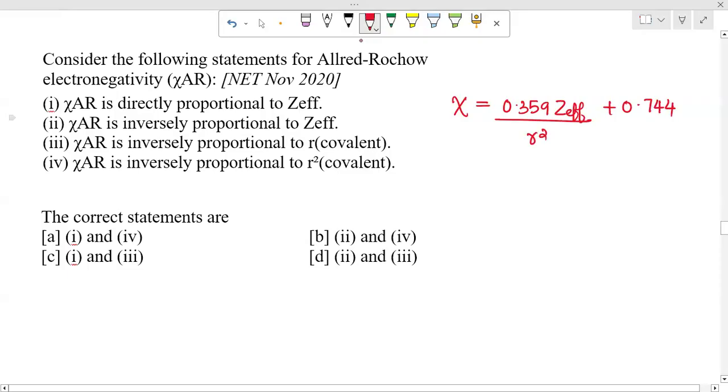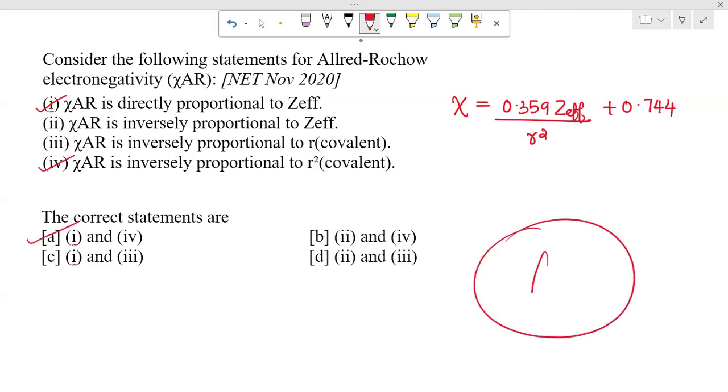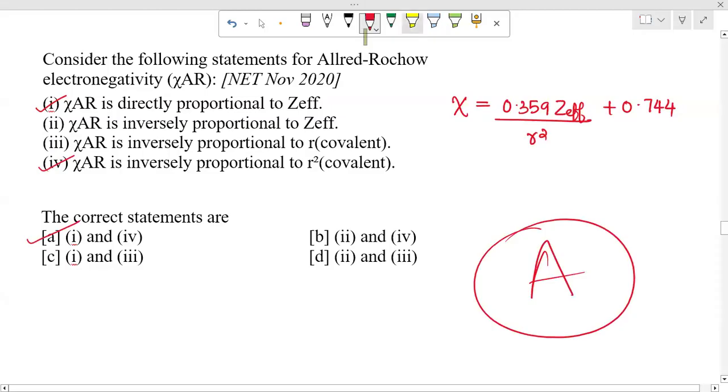Electronegativity is directly proportional to Z effective. Yes. Inversely proportional to Z effective. No. Inversely proportional to the covalent radius. No. Inversely proportional to the square of the covalent radius. Yes. 1 and 4 are correct. Option A is the correct answer. This is a repeated question which was asked in earlier years, repeated in 2020.